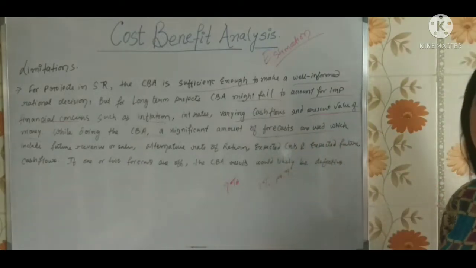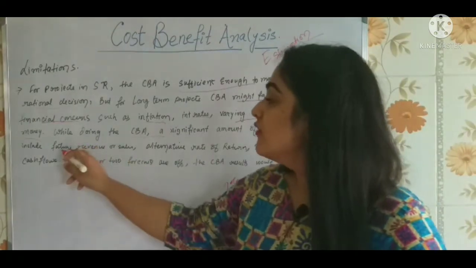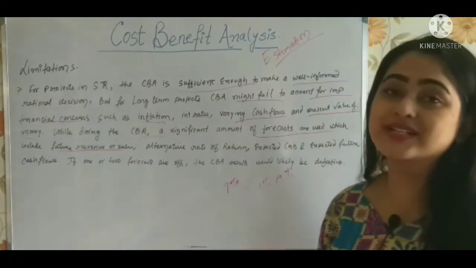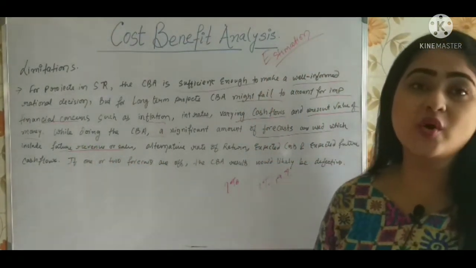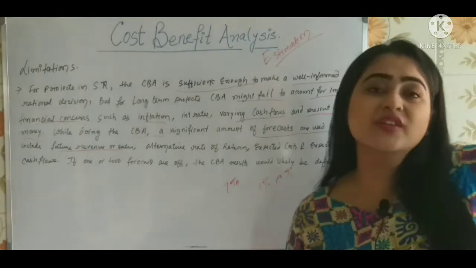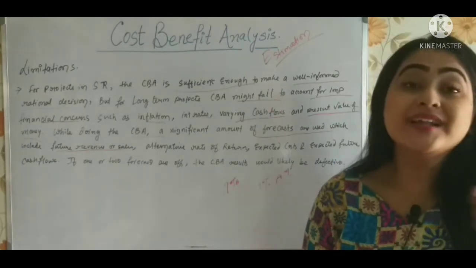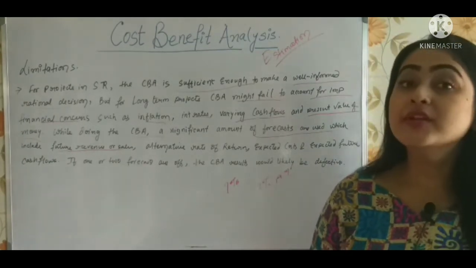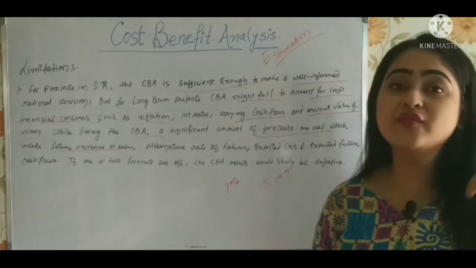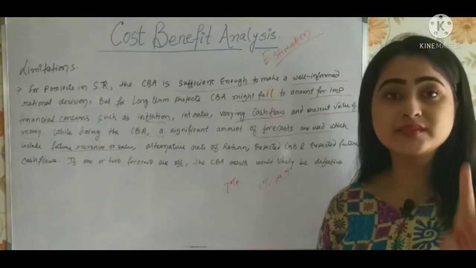While doing the cost benefit analysis, a significant amount of forecasts are used. The estimations and forecasts include future revenue or sales. But can you just sit here and estimate the future revenue and sales for 10 years or 15 years? Yes, you can estimate, but that can be wrong, isn't it? But you can estimate the future sales or revenue for the next 1 year, 2 years or 3 years. That you can do, isn't it?